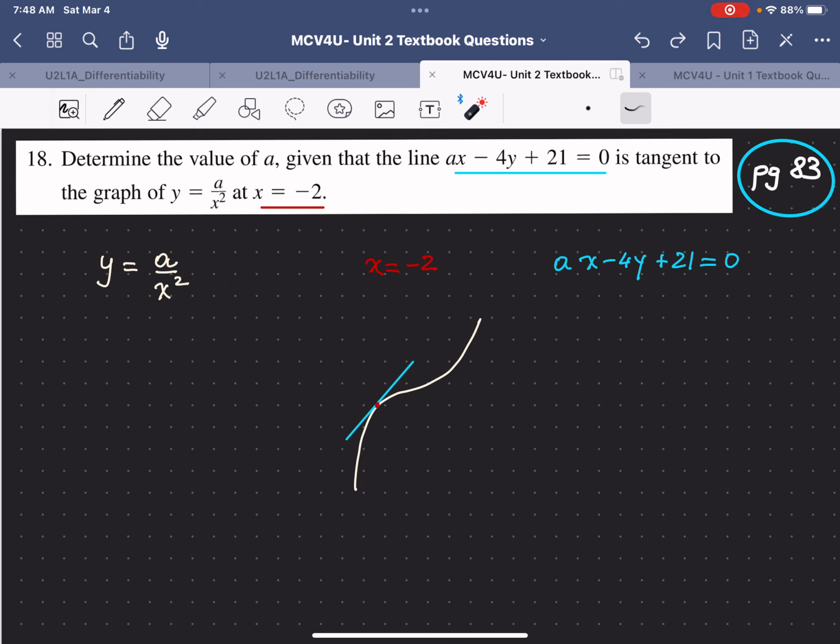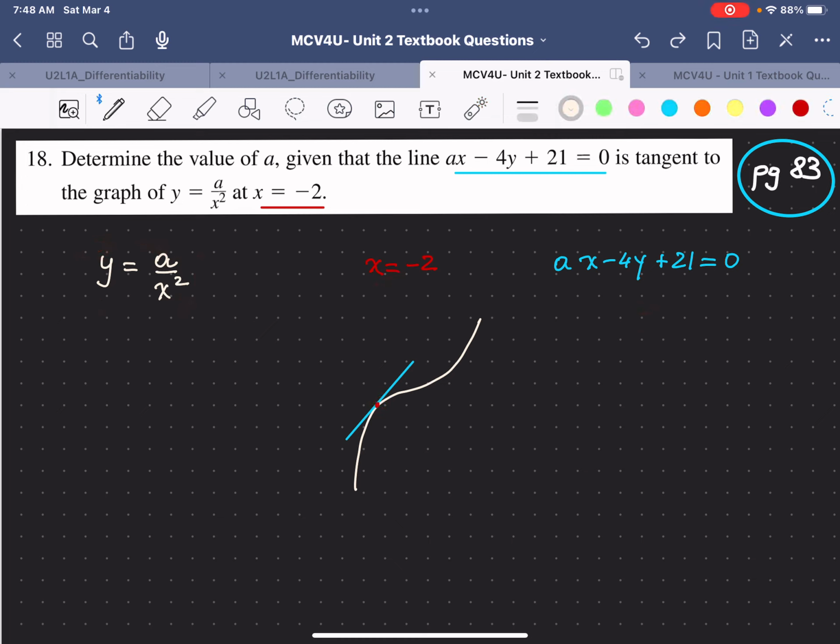The first method is about using the equation of the function to determine the coordinates of the point of tangency and then take the coordinates at the point of tangency and substitute them into the equation of the tangent to identify a.